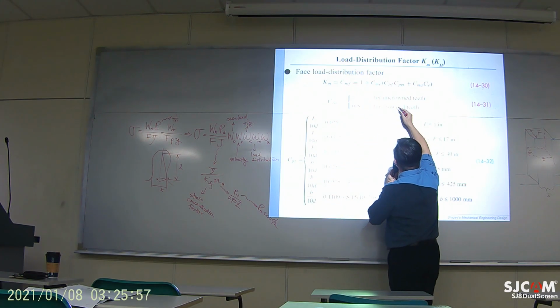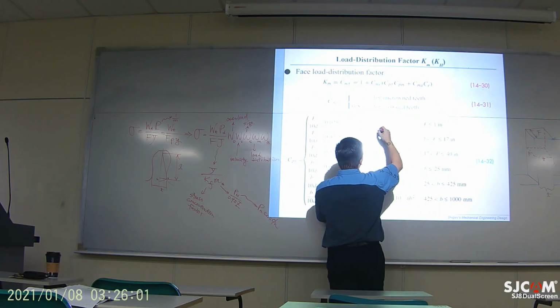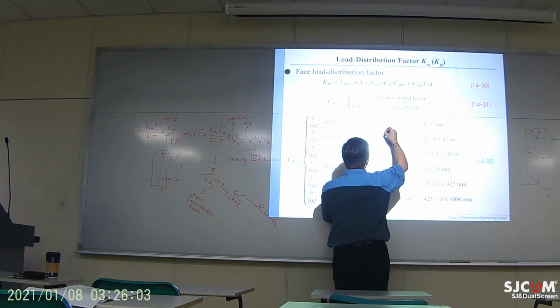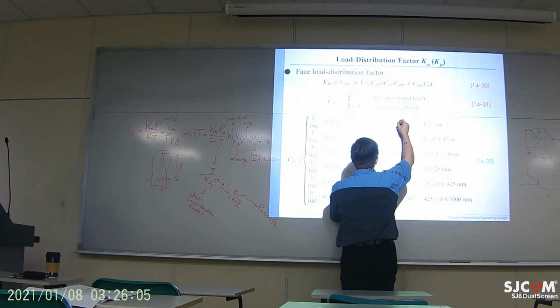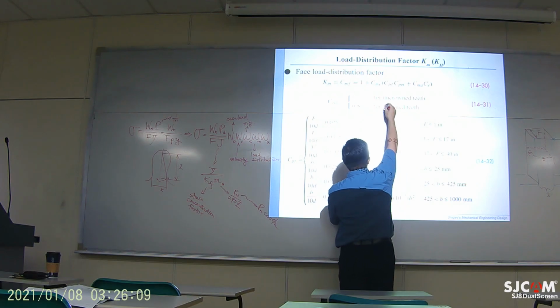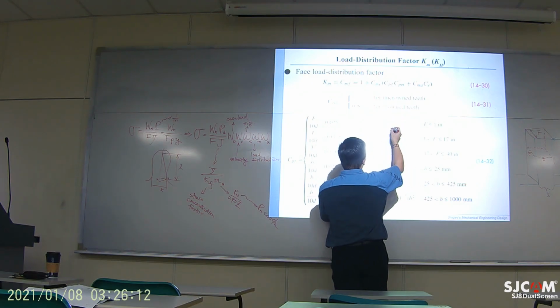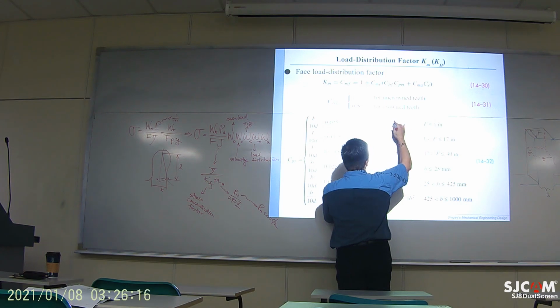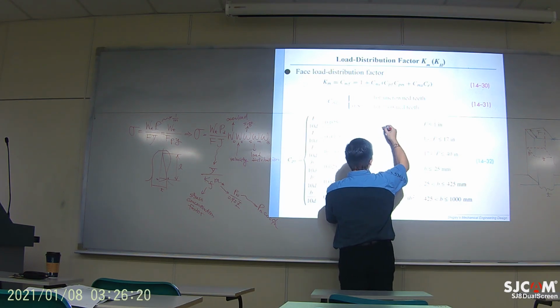So it says crowned or uncrowned tooth. What does it mean? Usually, when you have a gear tooth, if it's very straight, then it's uncrowned. Crown means it's being shaved at the corner.